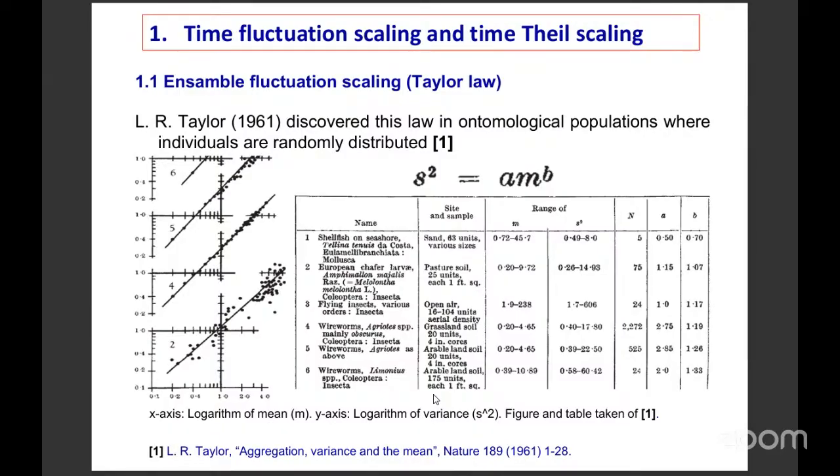In this paper, published in Nature in 1961, for different entomological populations, Taylor showed that it is possible to establish a power-law relation with an exponent for different kinds of populations, for instance mollusca, insecta, different but similar systems.